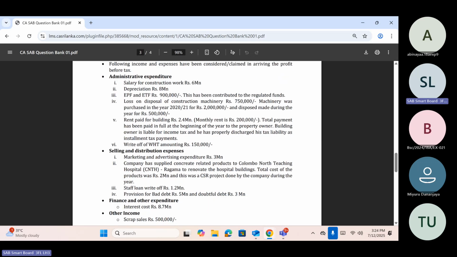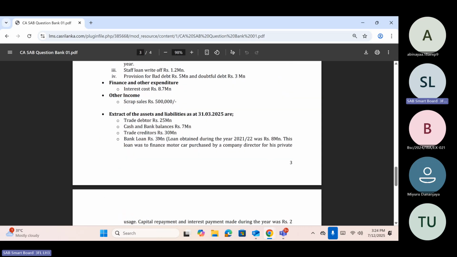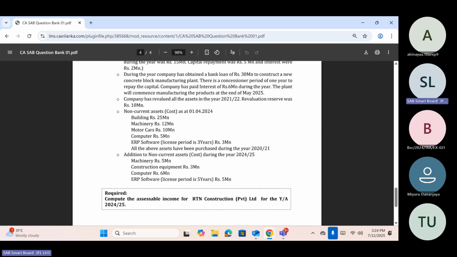So you can get 10 million now. 2021: 1, 2, 3, 4 years. Another 1 year we have. As a result, in the balance you can claim capital allowance.